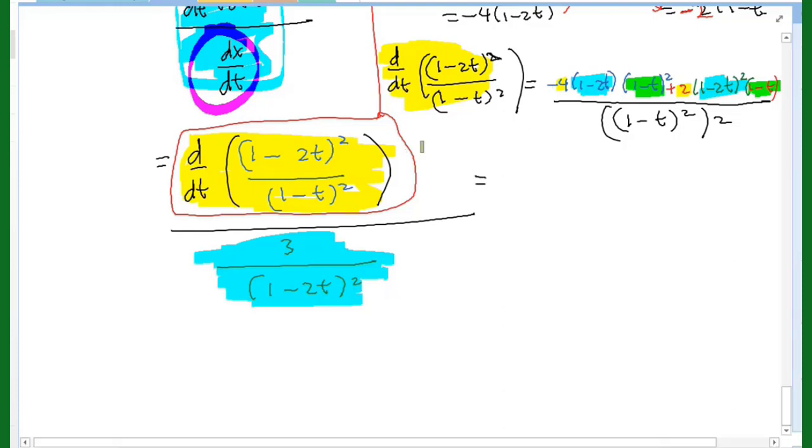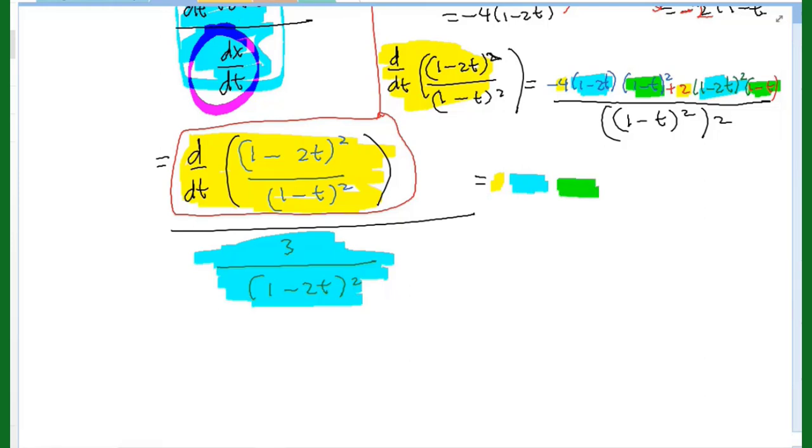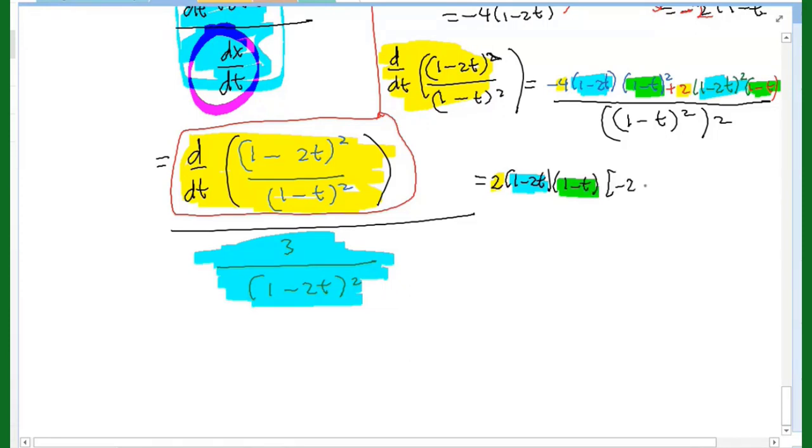Negative 4 here, you can see negative 4. And then negative 2, I write it a bit smaller. Okay, this one, 2, 1 minus 2t, 1 minus t, negative 2, 1 minus t, plus 1 minus 2t. Close, over 1 minus t to the power of 4.